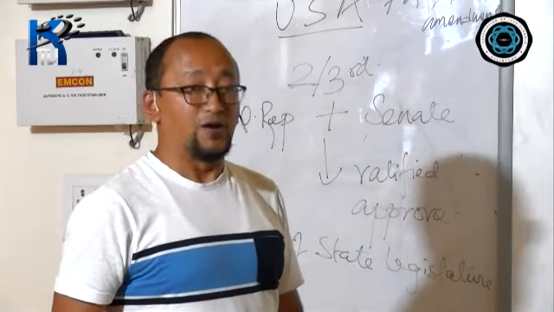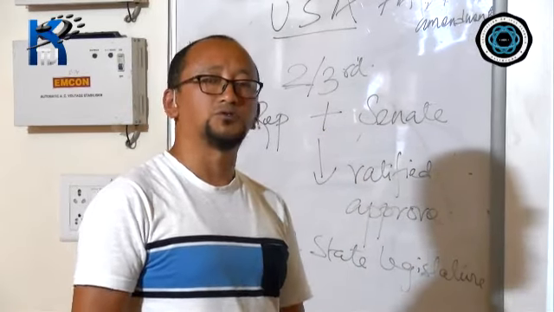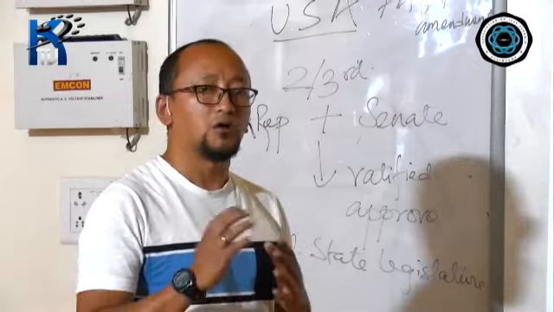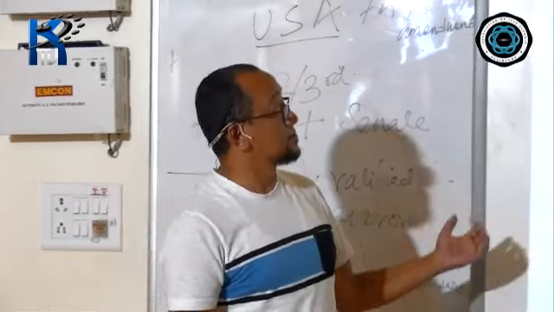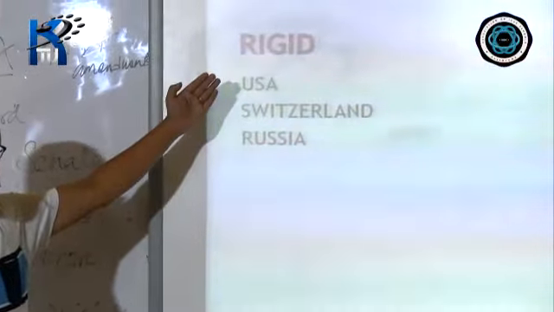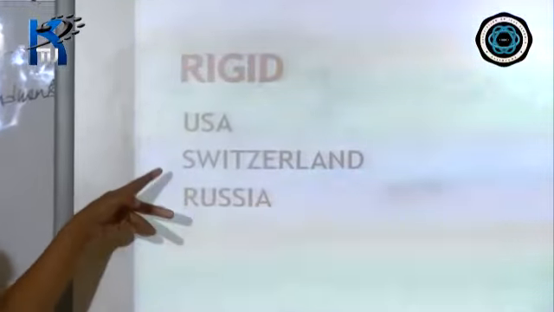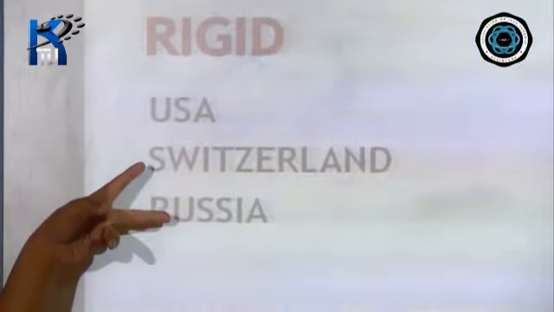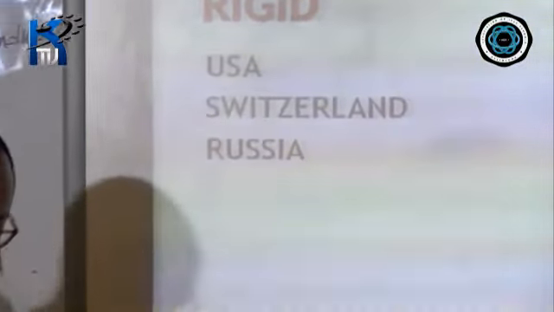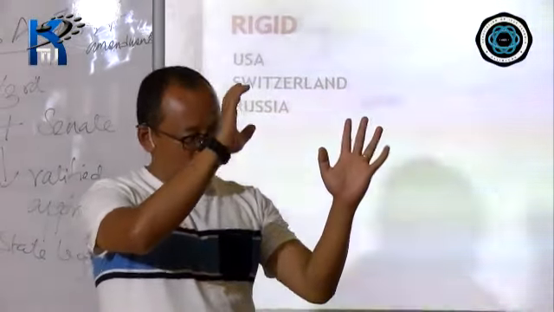That is why, I repeat again, we call the American Constitution the most rigid constitution in the entire world. So you can see here, rigid constitution. Remember, even Russia as well as Switzerland have a rigid constitution. I hope that's all right with you. So written, unwritten, rigid.